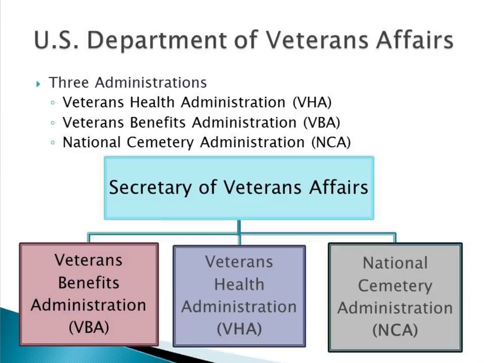The VA is divided into three basic administrations: VHA, the Veterans Health Administration, the Veterans Benefits Administration, VBA, and the National Cemetery Administration. People always say VA, and by default, they sort of mean the VHA. But really, there are two other administrations within the VA.